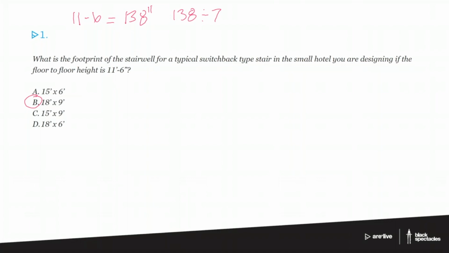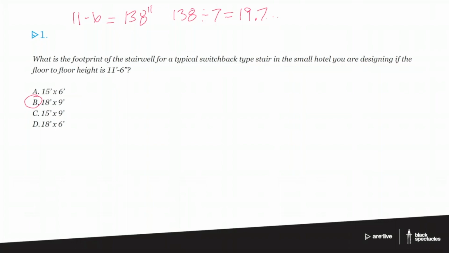And the reason I'm dividing it by 7 is because that's the maximum accessible riser height that I can have. So when I do that, I'm going to end up with, I don't remember the exact, but it's 19.7 something. Doesn't really matter. It's right in that range of 19 point something.